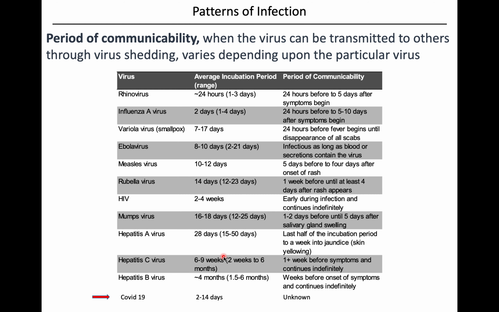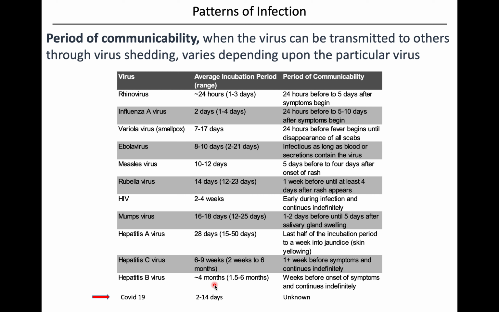So this table is showing you average incubation period and period of communicability for a number of different pretty well-known viruses here. And just wanted to point out that, again, it varies quite widely. So, for example, rhinovirus, you've got an average incubation period of 1 to 3 days, typically only about 24 hours. Whereas something like hepatitis B could be about 4 months.